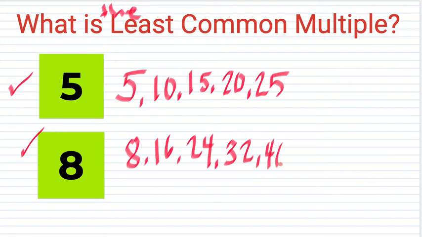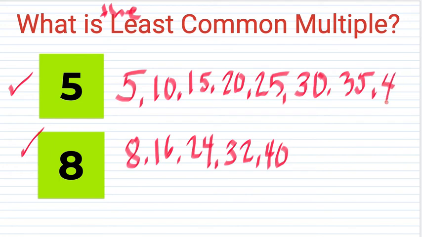But now, students or viewers out there, try to look, is there any common number? If you look very carefully, you cannot find any common number. Since there is no common number, all you need to do is continue the skip counting until we can find a common number. 30, 35, and 40.